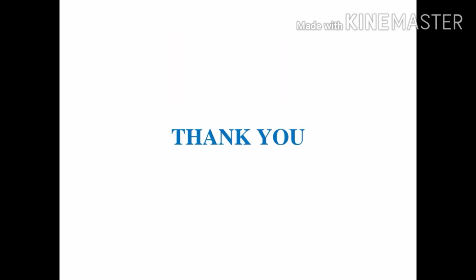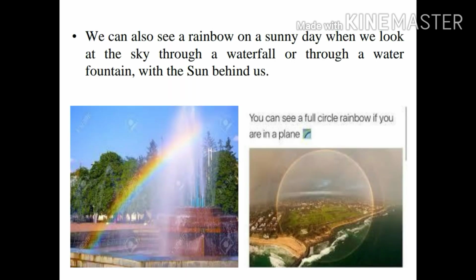So if there is a question in the exam about what the conditions to see a rainbow are, the conditions are: number 1, there should be raindrops, water drops, present in the atmosphere. Number 2, the sun should be behind the observer, because the sunlight is coming from your backside and falling on the raindrops in front of you, and due to that phenomenon the rainbow is formed.